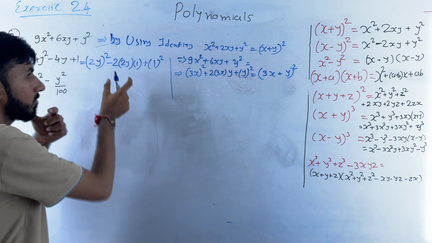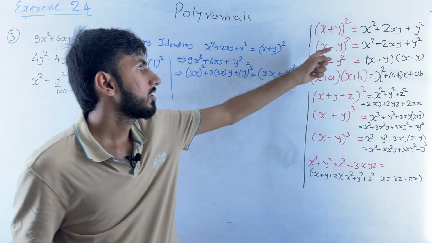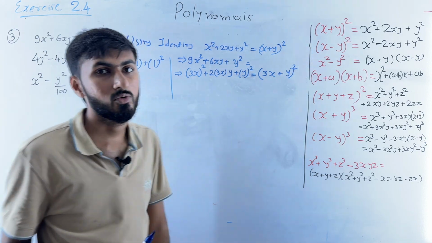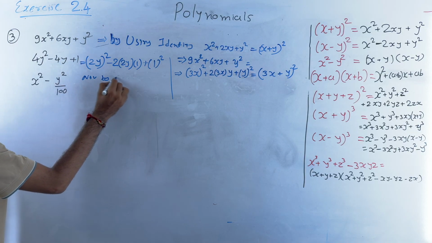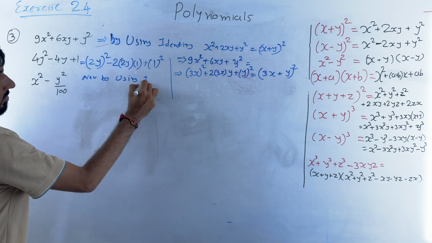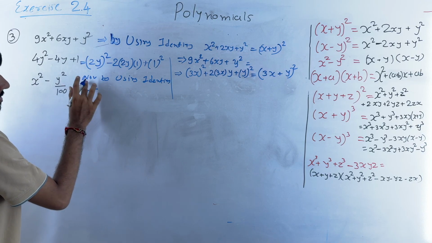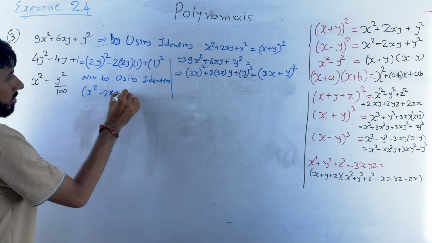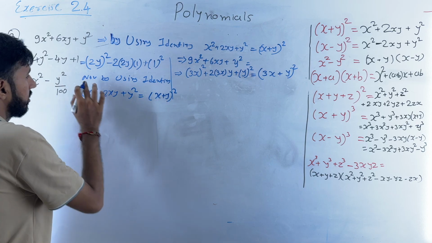So now this is the question in the form of x square minus 2xy plus y square. So you can use the identity and write your answer as x minus y whole square. So now by using the identity, x square minus 2xy plus y square is equal to x minus y whole square, right.